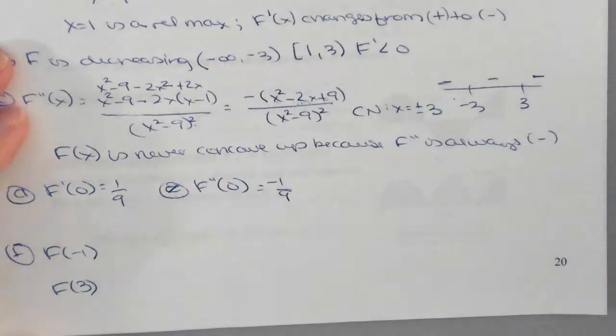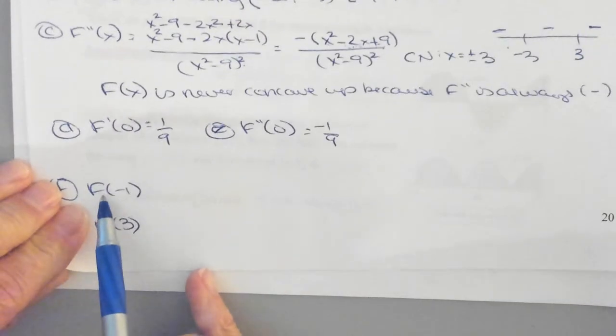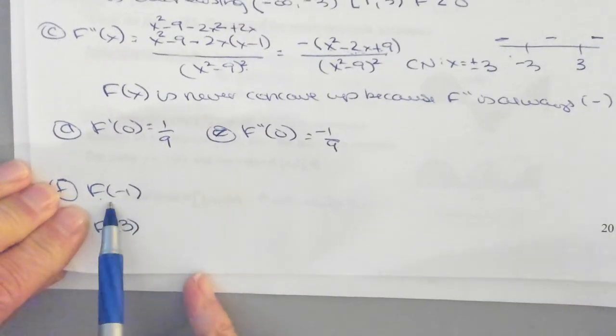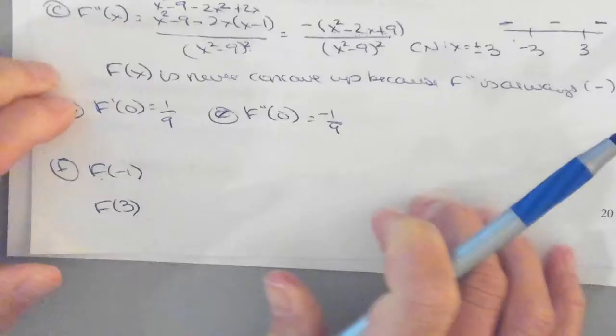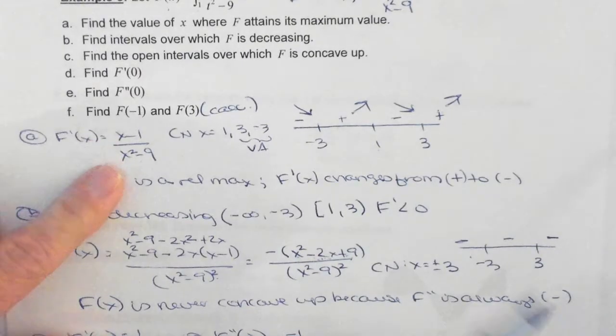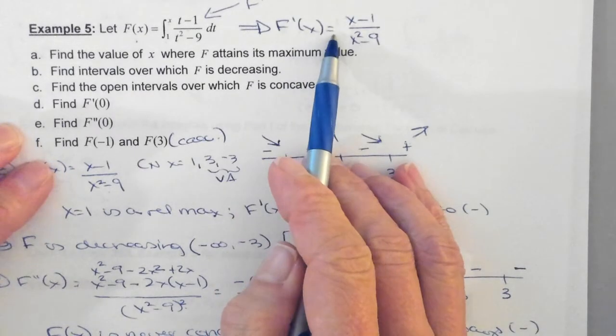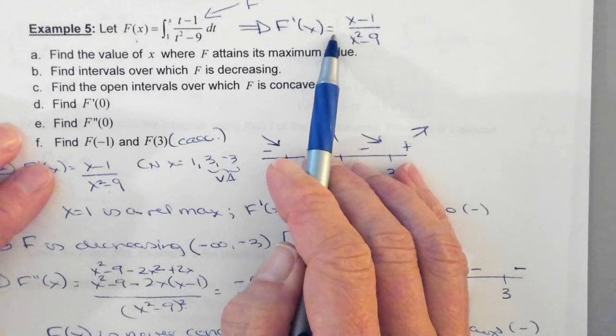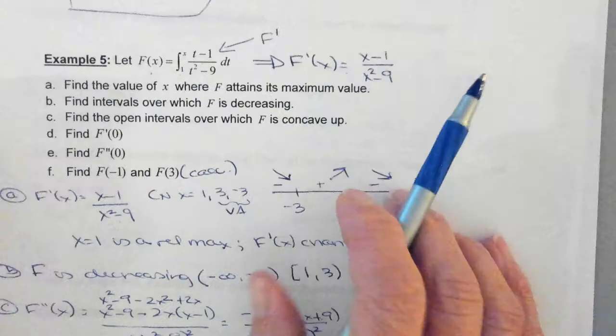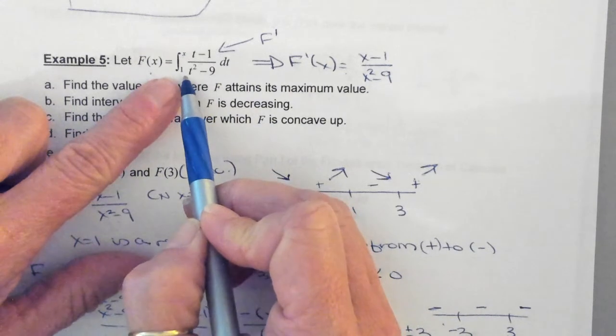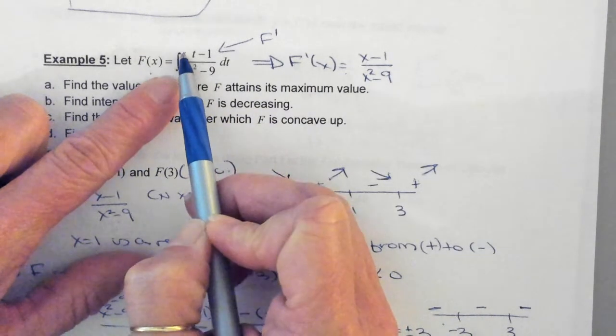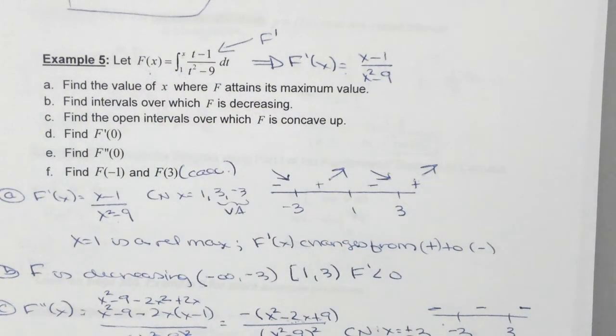So, I need you guys to pay close attention. If we want to find f of negative 1, isn't this the original function? That means if this is the derivative, don't I have to integrate this? Yes? Okay. So look at it. If you look here, this goes from 1 to x. They gave us an x value.